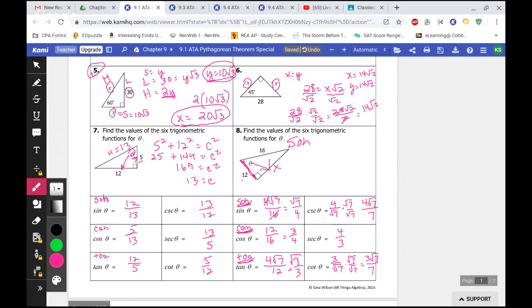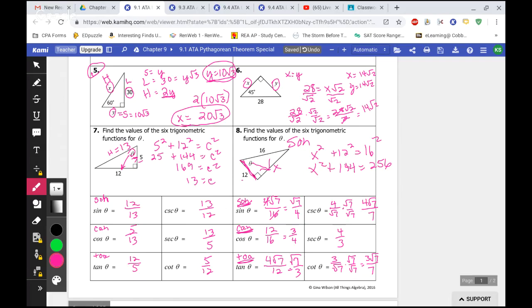So I've got x squared plus 12 squared equals 16 squared. Right? So I've got x squared plus 144 equals 256.